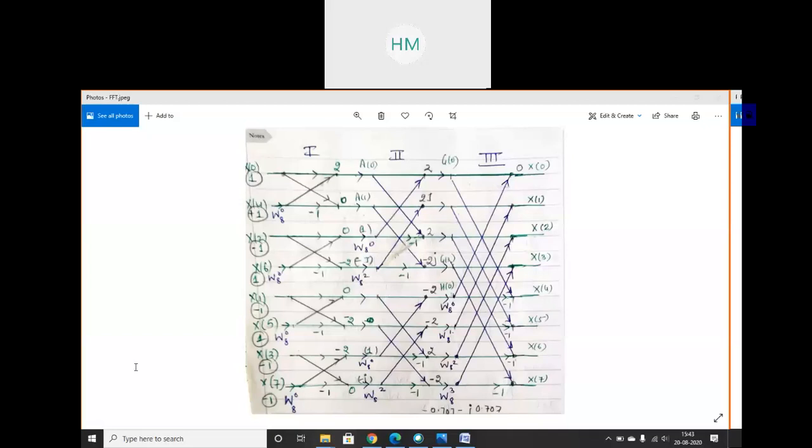Then tell me the value of H of 2. Yes, students, write down in the chat box.